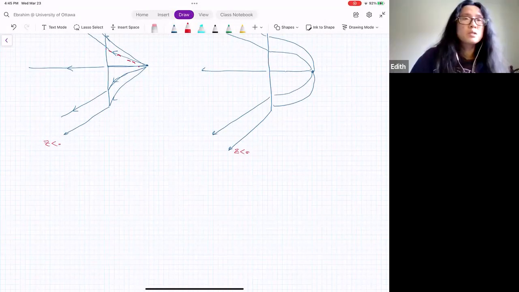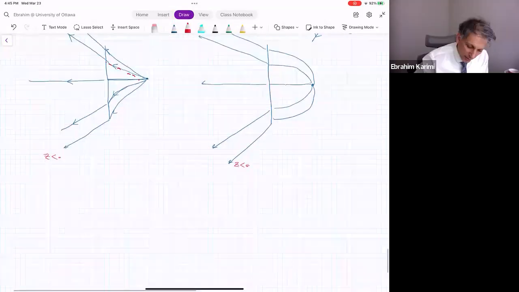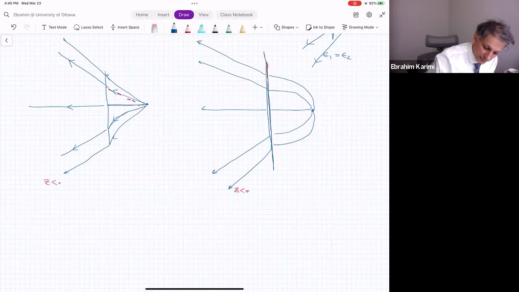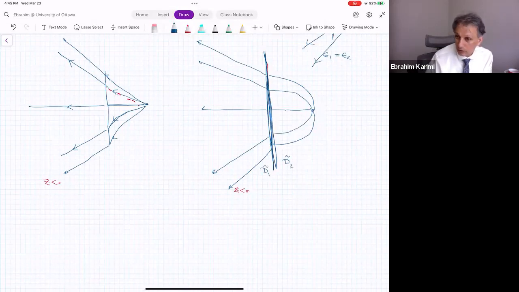Sorry, can you repeat the question? So at the boundary, we do have different Ds at these places. We have D2 and we have D1. Can you tell me what are the charge densities due to the polarization?